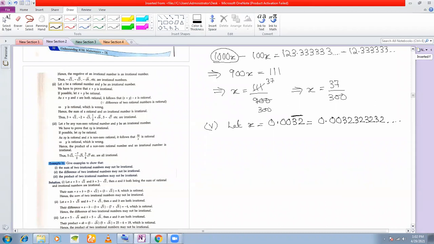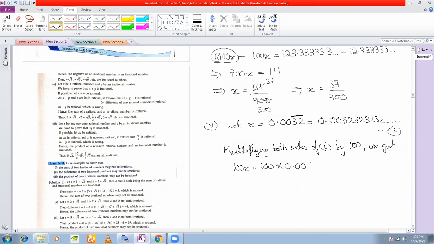So it should be multiplied by 100, multiplying both sides. Okay, so let us call this 1. Multiplying both sides of 1 by 100, what do we get? 100x is equal to 100 into 0.0032, 32, 32, and so on.